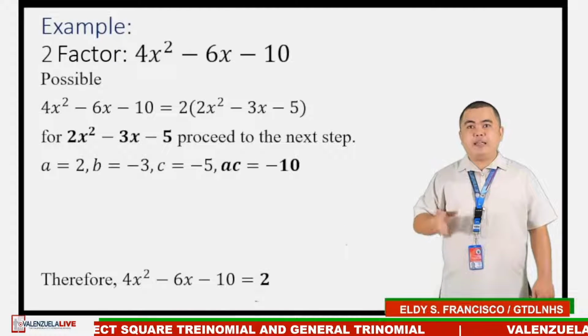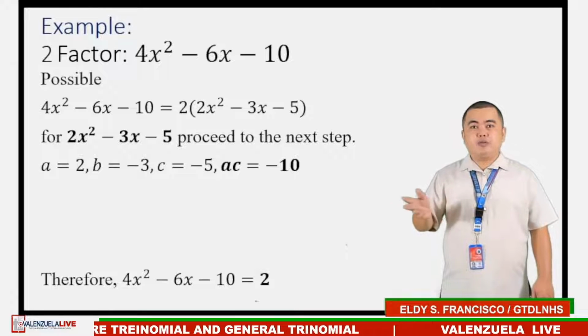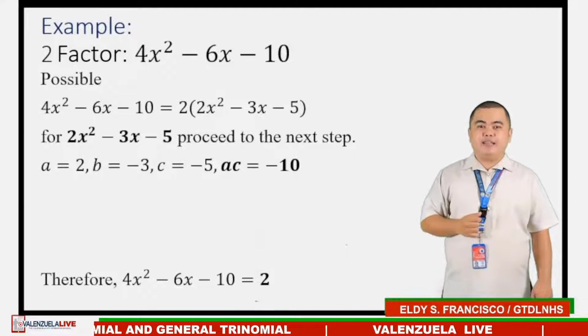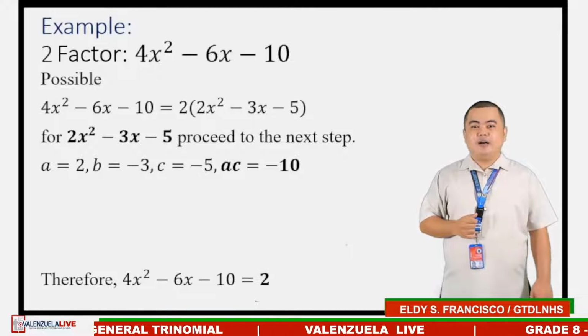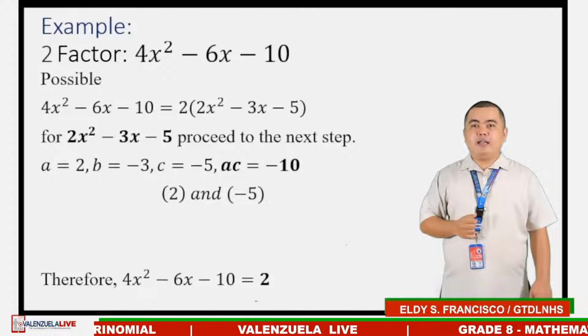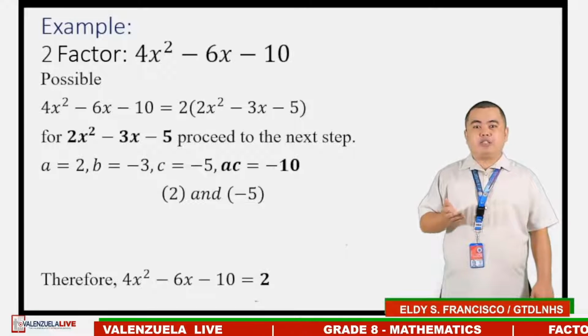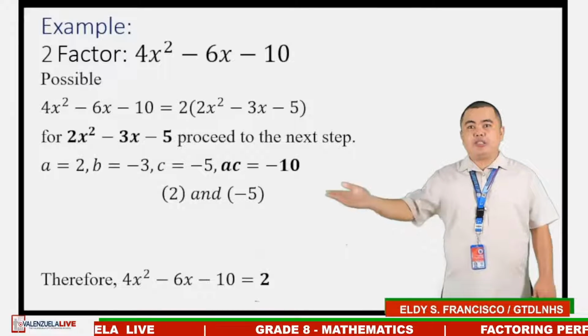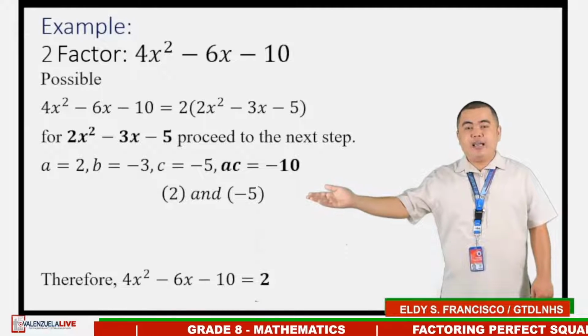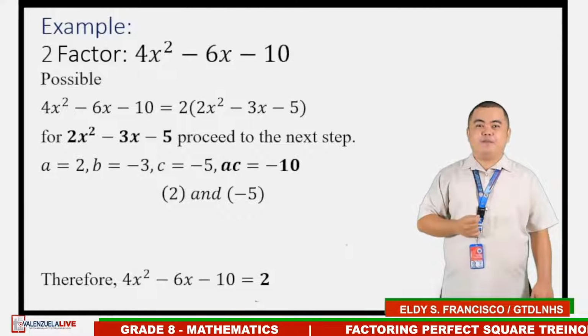So, by multiplying A and C, that will become negative 10. And step 3, find the two factors of AC whose sum is the coefficient B. Obviously, that is 2 and negative 5.